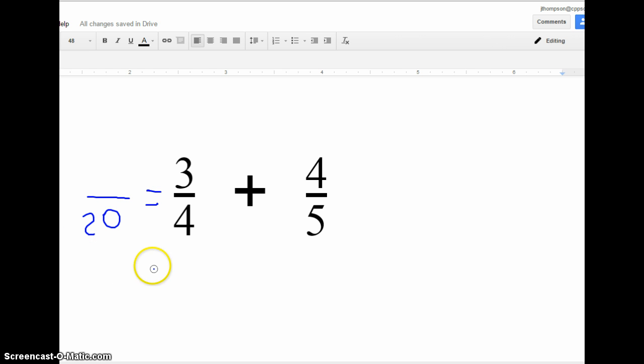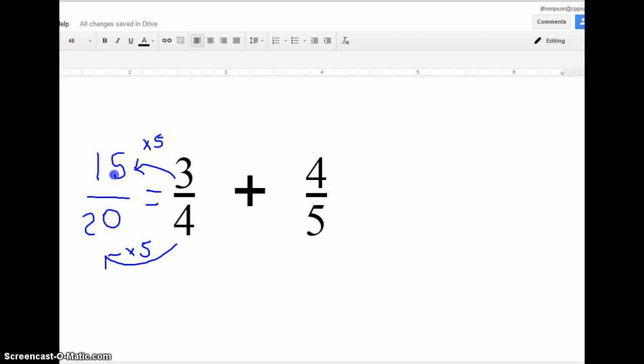So instead of 4 parts, I would make 20 parts. 4 times 5 gives me 20. So I have to multiply my 3 also times 5. 3 times 5, that gives me 15.